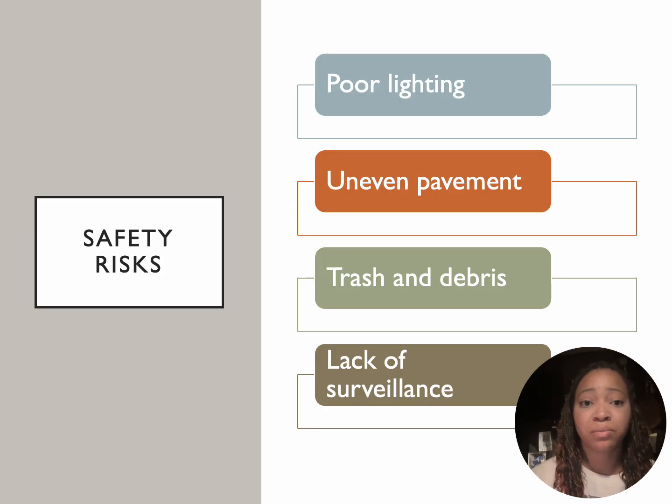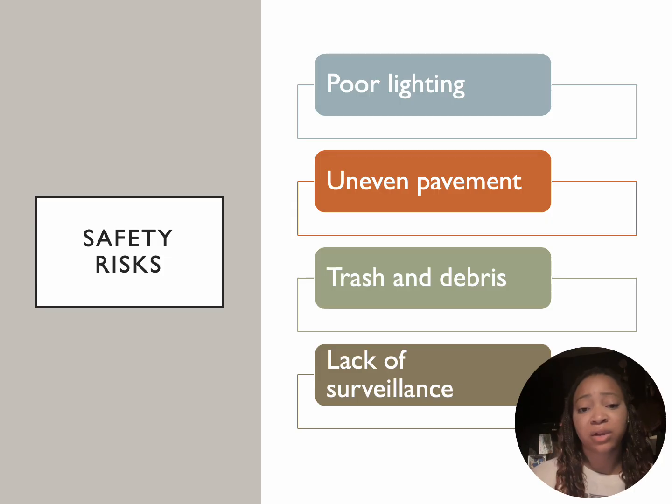These risks don't affect everyone equally. Vulnerable populations such as children, older adults, and individuals with mobility challenges are at high risk for these preventable injuries. Thinking beyond just physical harm, unsafe environments can contribute to increased stress, anxiety, and fear.